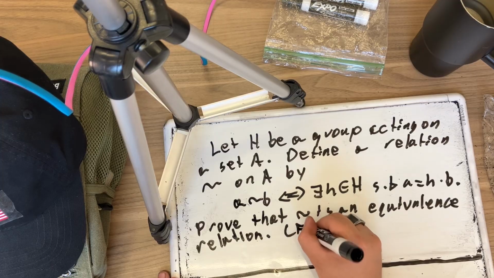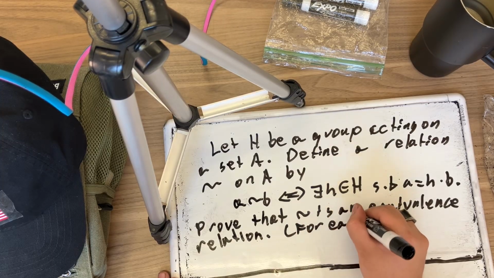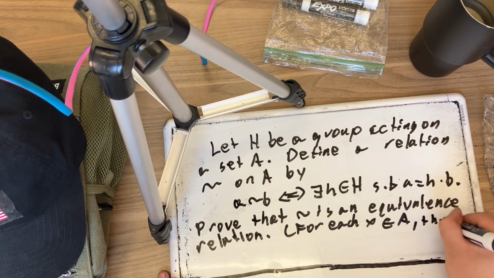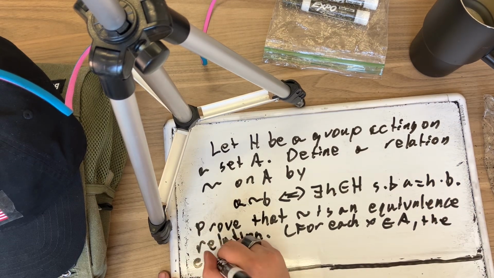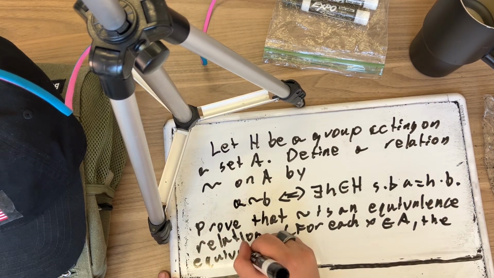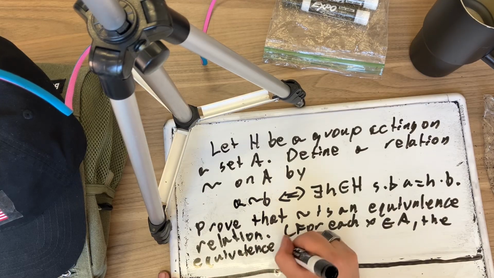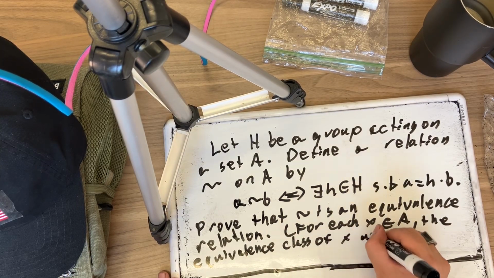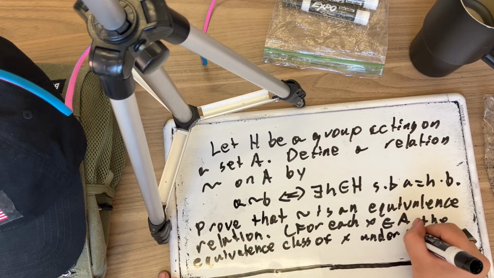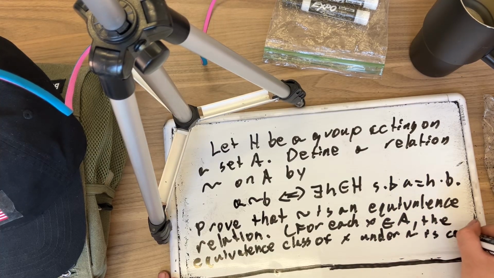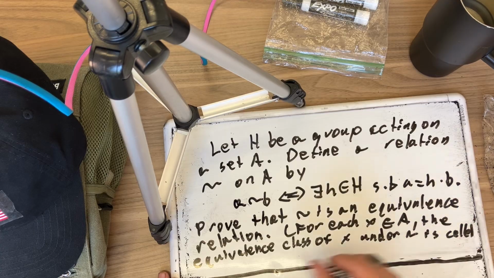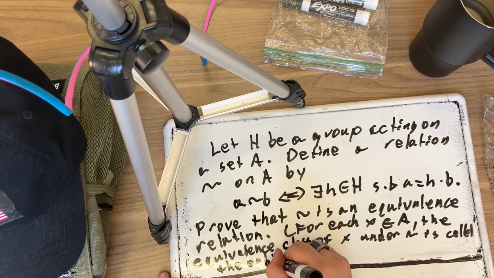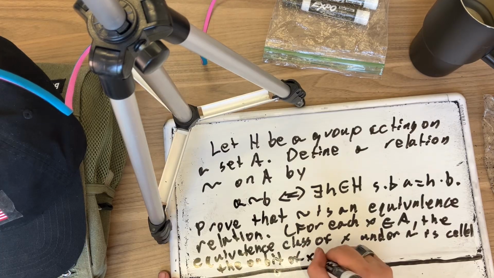So for each x within big A, the equivalence class of x under tilde is called the orbit of x.